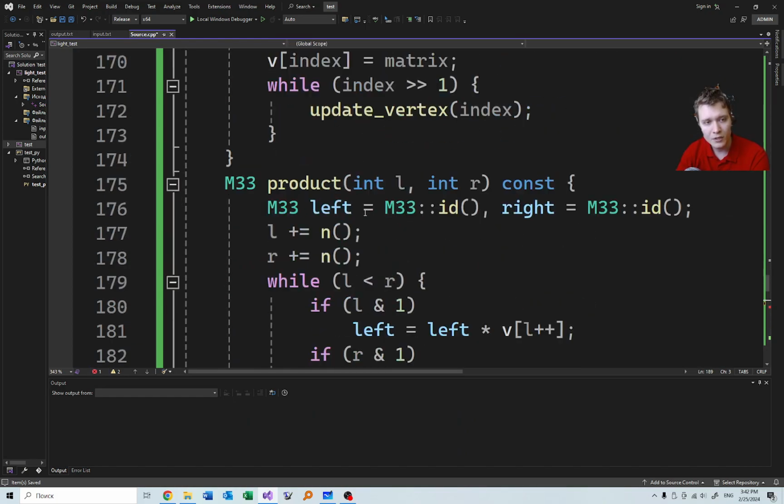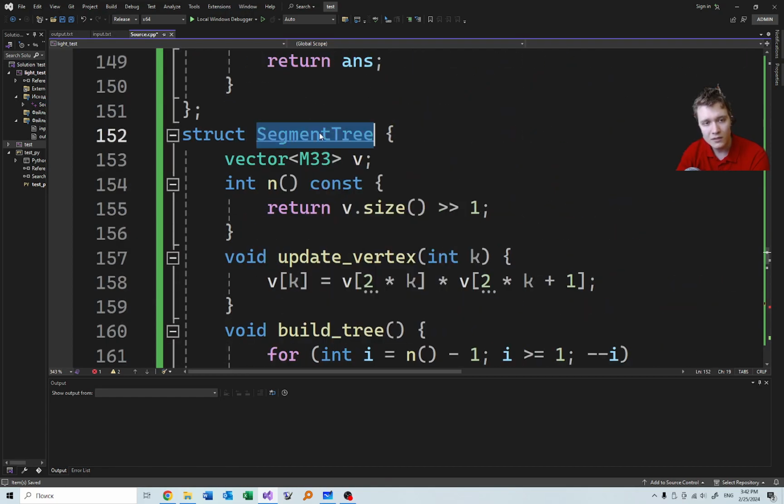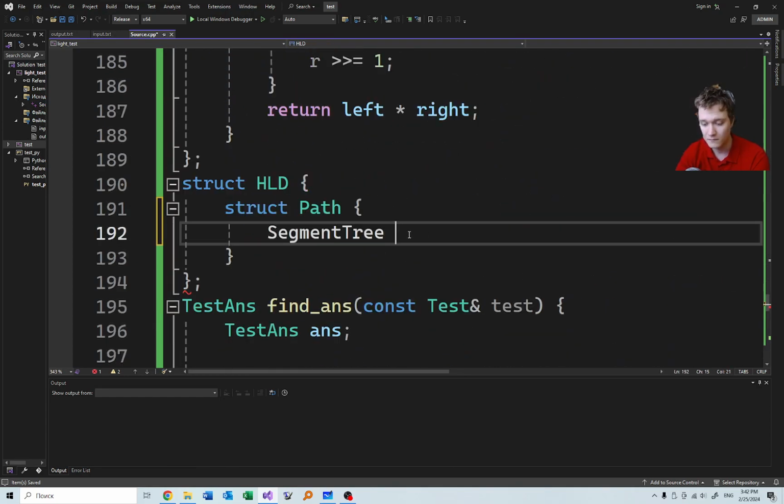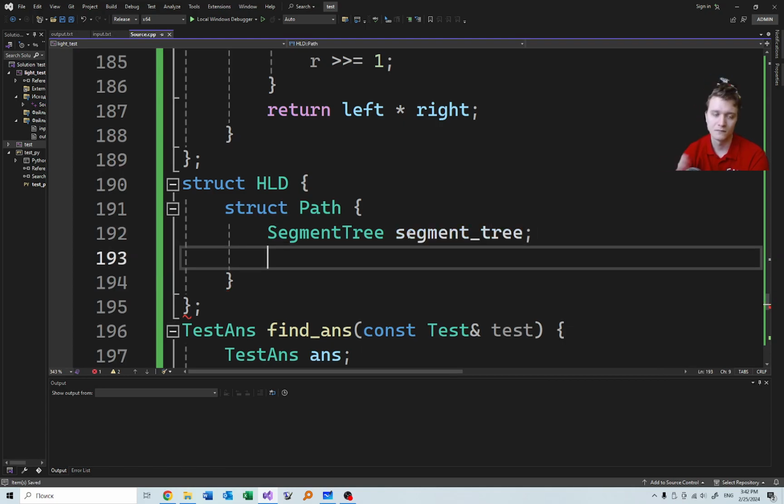For a path, we need, first of all, segment tree. Secondly, we need the number of its lower and upper vertex.